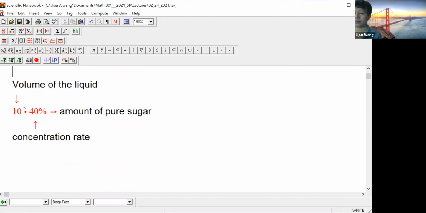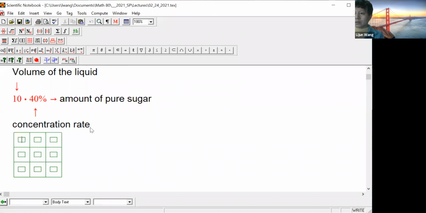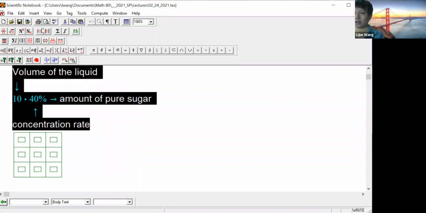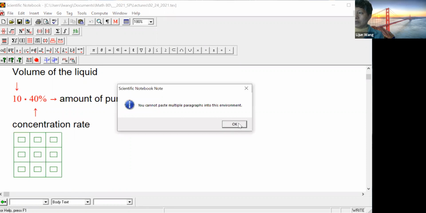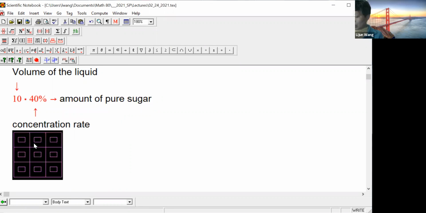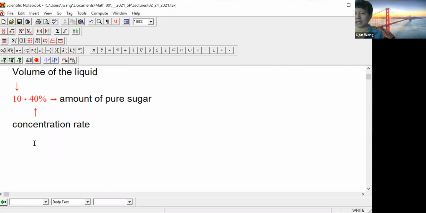Never mind. Have we done something similar before? Can I put all of these over here? No, it doesn't allow me to do that.